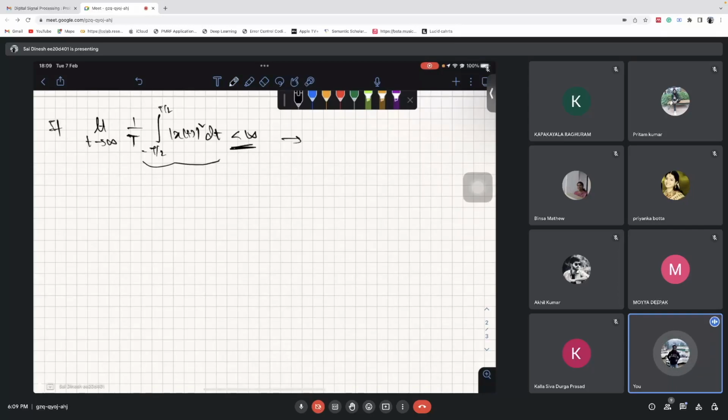So this is a power signal. One example would be x(t) equals A times cos(omega naught t plus theta). So a cos signal can be a power signal, right?